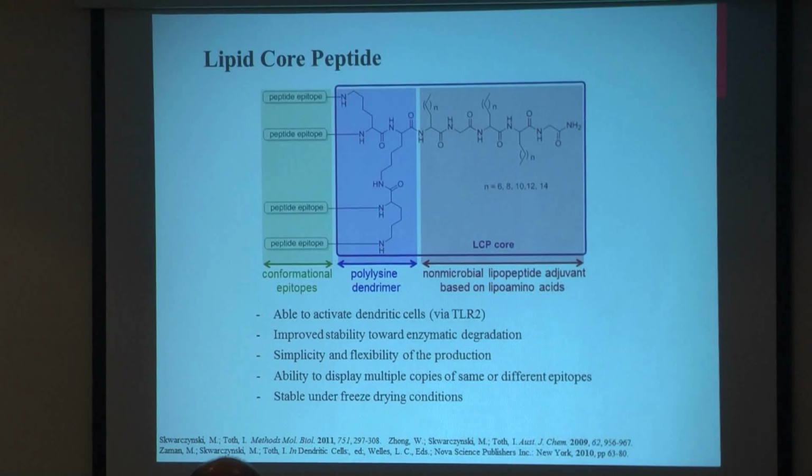Therefore, we also use the lipid core peptide, and this lipid core peptide is made of the lipid core polylysine dendrimer, whereby we could attach our multiple epitopes right here. Other advantages of this lipid core peptide are its ability to activate dendritic cells. It also improves stability towards enzymatic degradation. It is easily synthesized chemically and on a larger scale. It is also very stable under freeze-drying conditions.